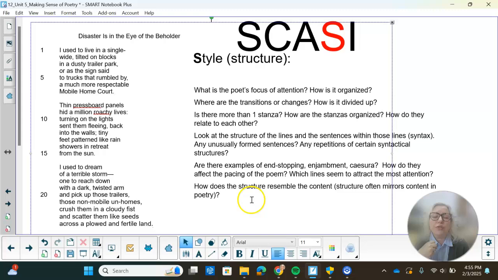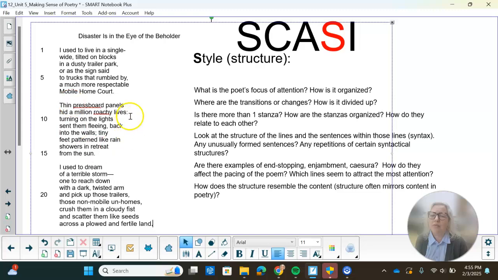And then how does the structure resemble the content? Maybe, once again, remembering the dream is a way to bring some closure or some satisfaction to the speaker's bad memories.